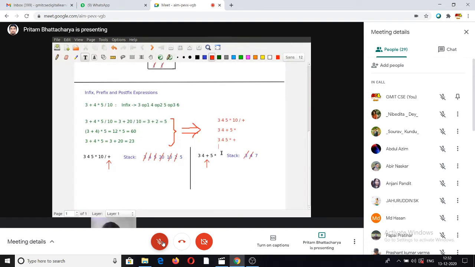Next one is again an operand 5, so you push it in, and then you hit the operator, which is star.